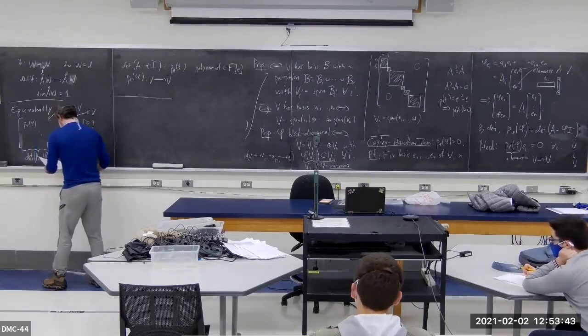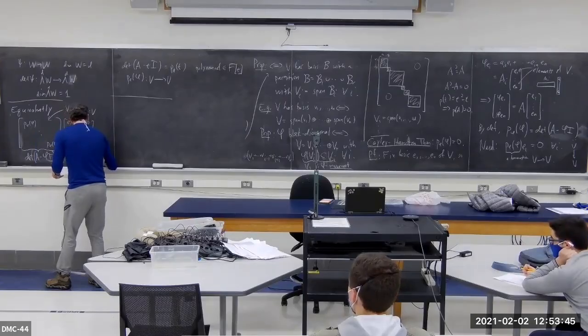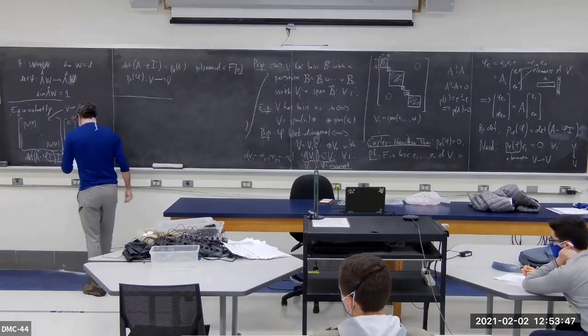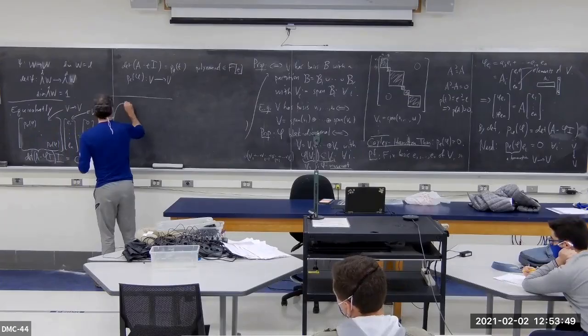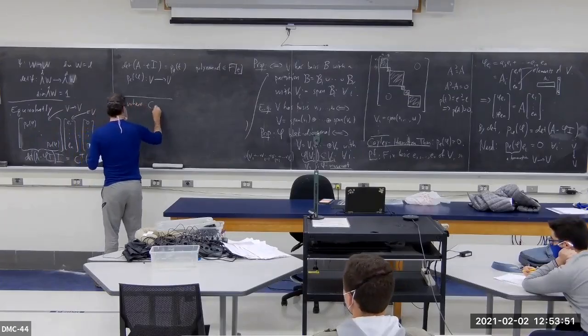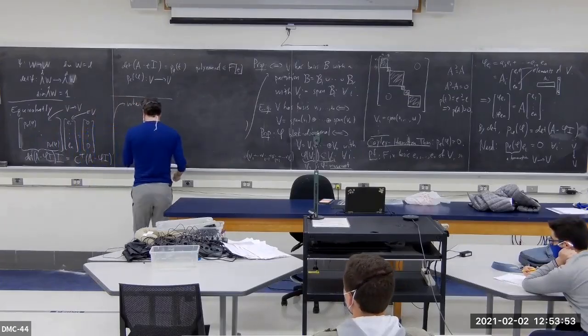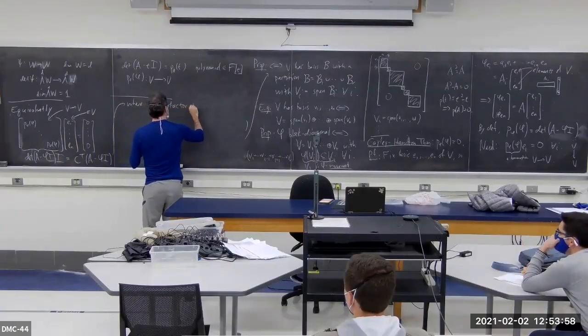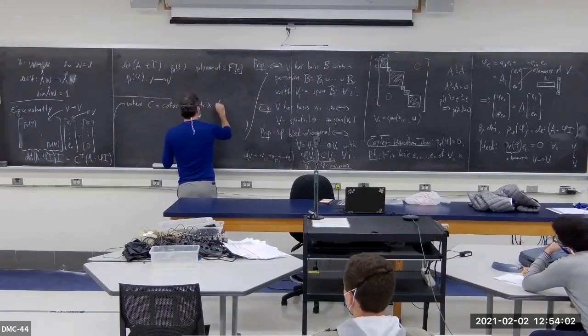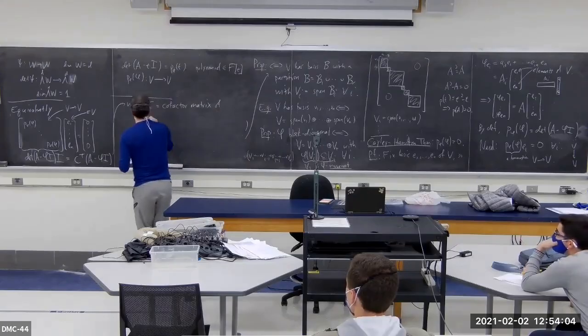That's going to be C transpose times A minus phi itself, where C is the cofactor matrix of A minus phi.